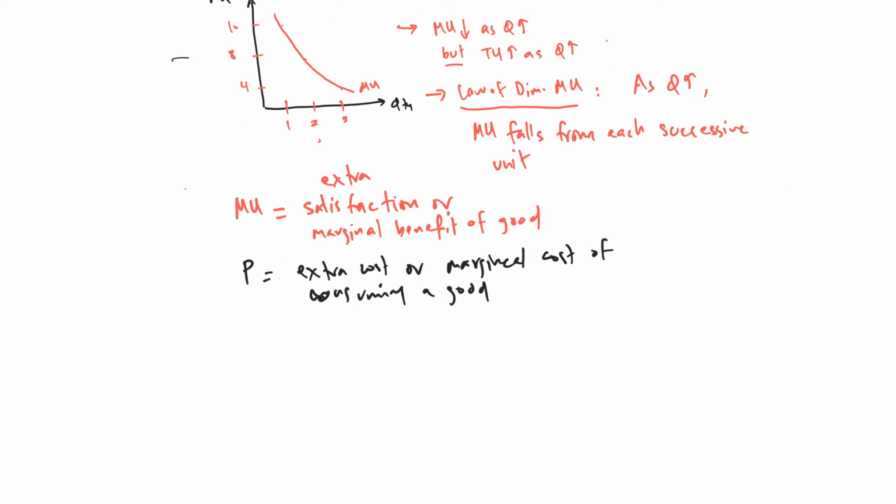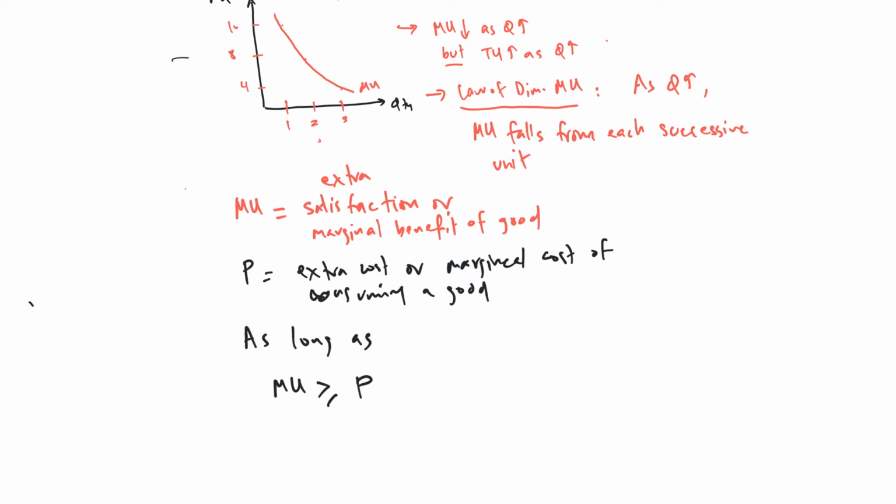Isn't that true? So what we say is that as long as marginal utility is greater than or equal to price, we will keep on buying a good. Which means that as long as the benefit you get from the good is greater than the price, you will buy the good.